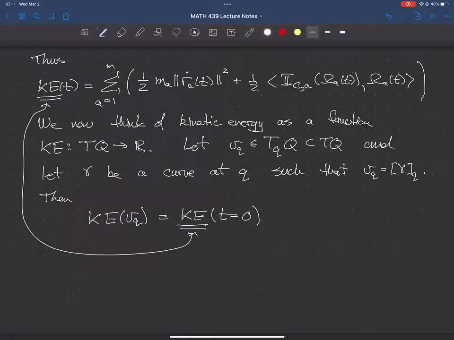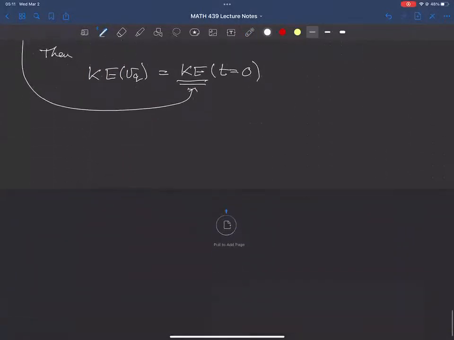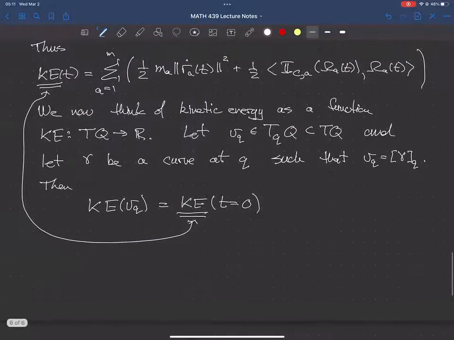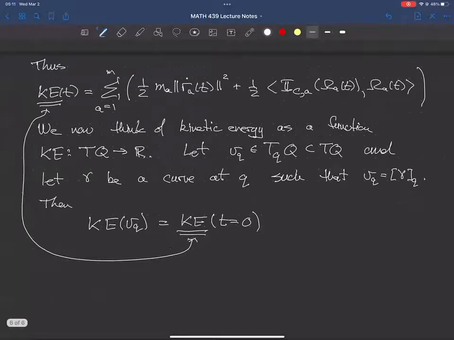All right, so again, an abuse of notation. Okay, so that's how you define kinetic energy as a function of a tangent vector, using our expression for kinetic energy as a function of time along a motion. You just take the derivative of the motion, and at time 0 that gets you your tangent vector VQ, and then you just substitute.